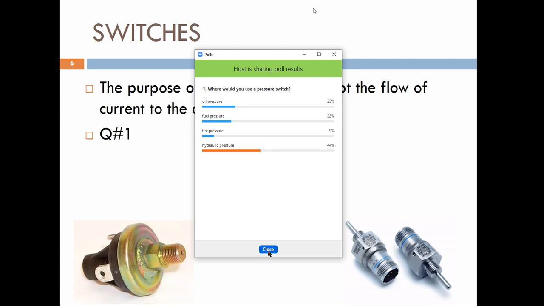Can anyone answer why or where an oil pressure switch would come in? No? So I probably want to know my oil pressure, which is right. I want to know what the oil pressure is. But where would I use an oil pressure switch?